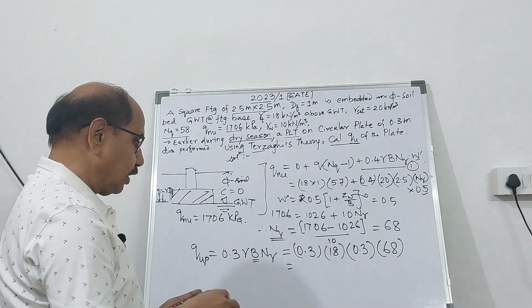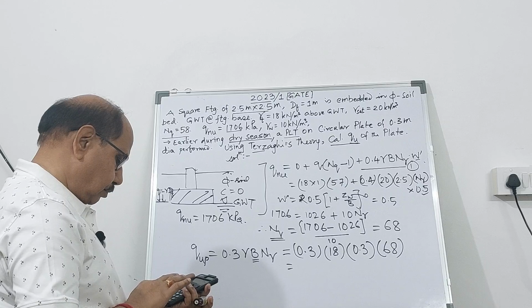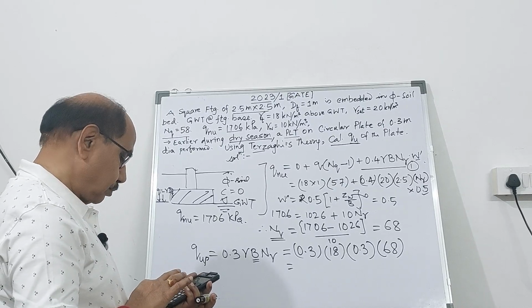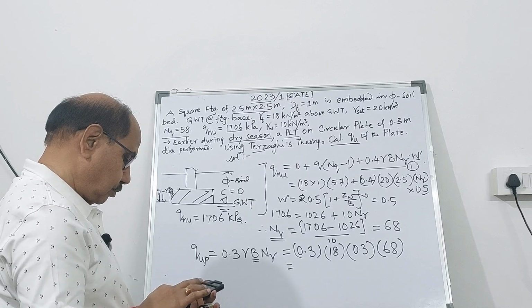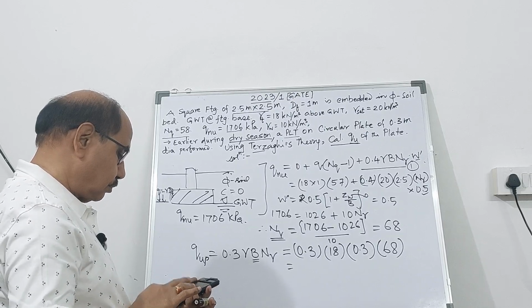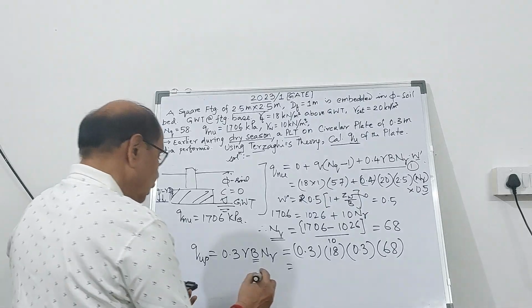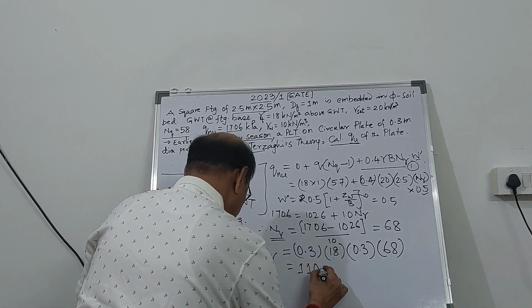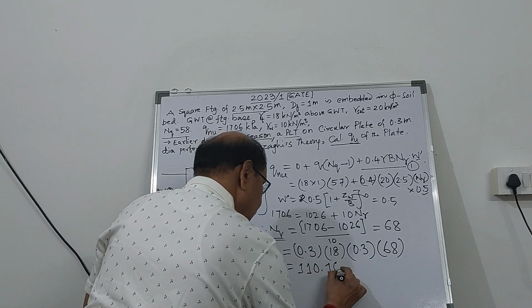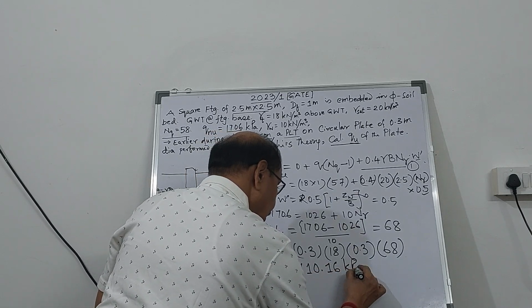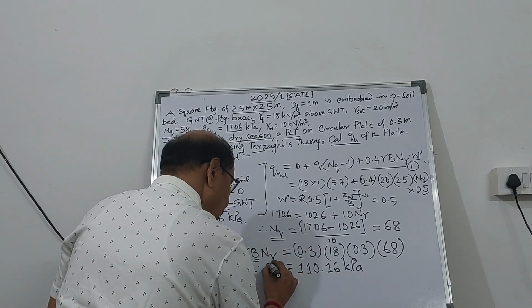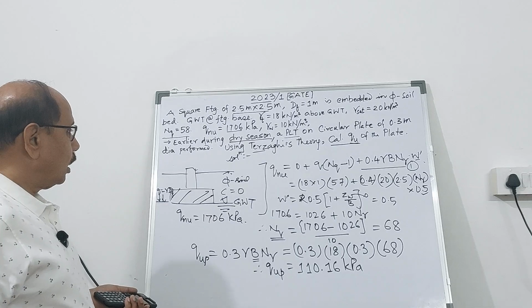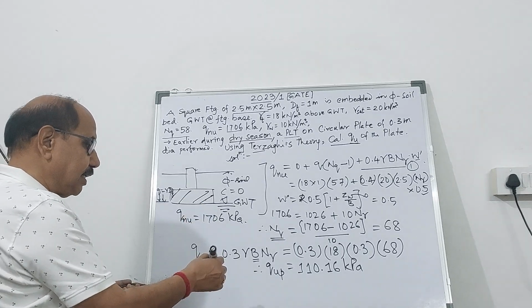So if you calculate, it is 110.16 kilopascal. Therefore, this is the ultimate bearing capacity of the plate by using Terzaghi's theory.